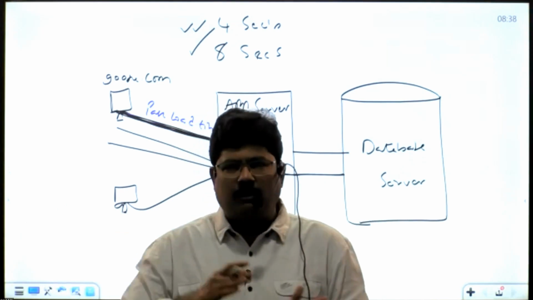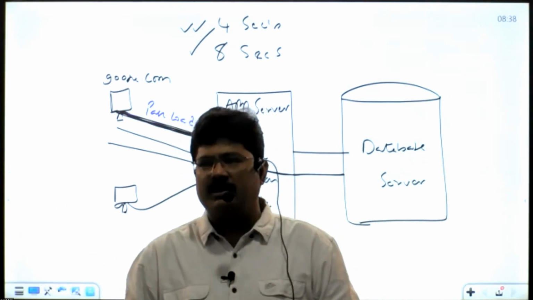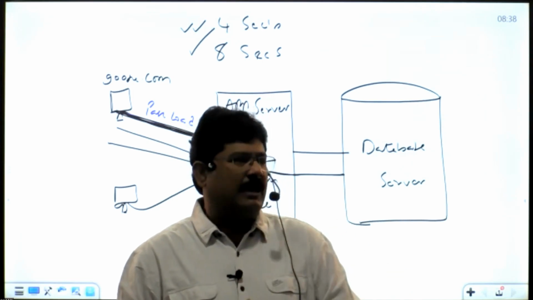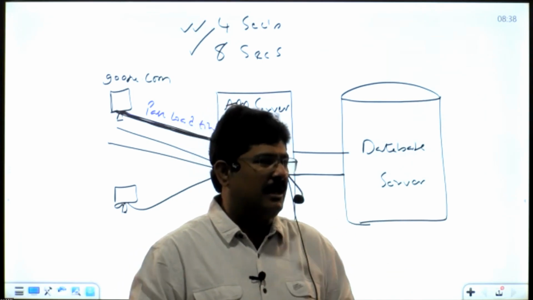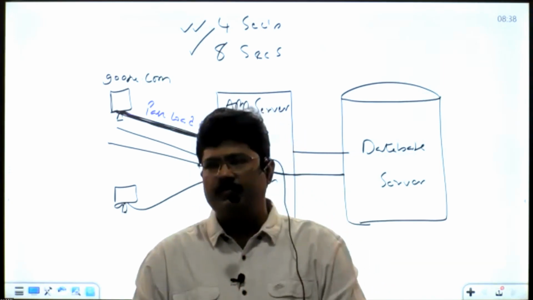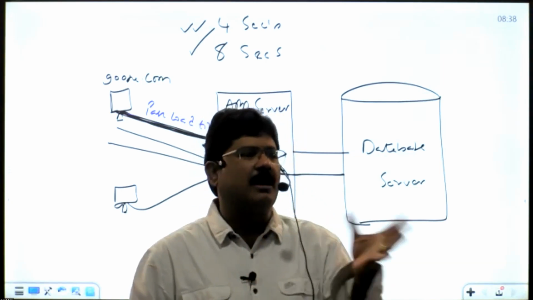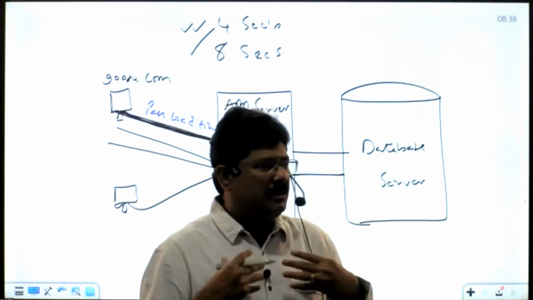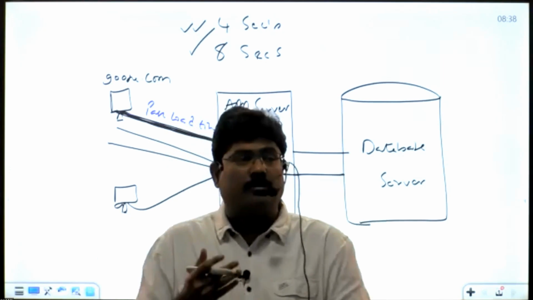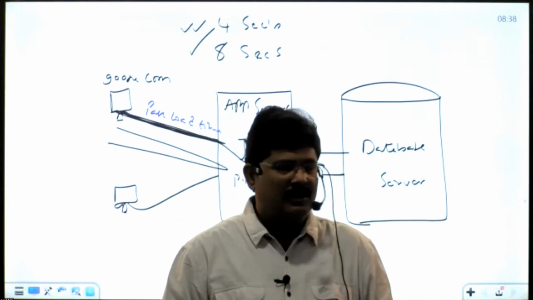If the server is able to send a message to the registered mobile number, that is the first priority. If the server is able to send an email to the registered email ID of the user explaining your ticket is booked, this is your PNR number, or your transaction is cancelled, try again, then the end user is notified: okay, no worries, my ticket was booked. Or: no, my ticket was not booked, I have to rebook again.